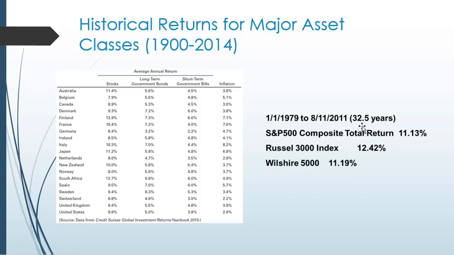So during that time frame, that's included in here, 32 and a half years. The S&P 500 stock market index averaged around 11.1%. The Russell 3000, 12.4, and the Wilshire 5000, 11.9. So this is obviously a very long time frame, 1900 to 2014. I'm not sure what stocks they used to do this calculation. This is just a picture of this particular time frame and these stock indexes. We'll talk about indexes in a later video.